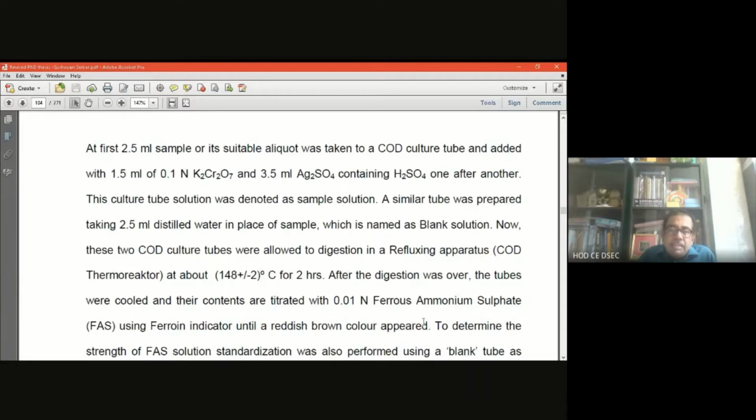The vials are inserted into the thermoreactor slot for the digestion purpose. This vial, the tube, is applicable only for the COD test. So you take 2.5 milliliters of the aliquot, then you add 1.5 milliliters of the oxidizing agent, potassium dichromate, K2Cr2O7, and finally 3.5 milliliters of sulfuric acid.